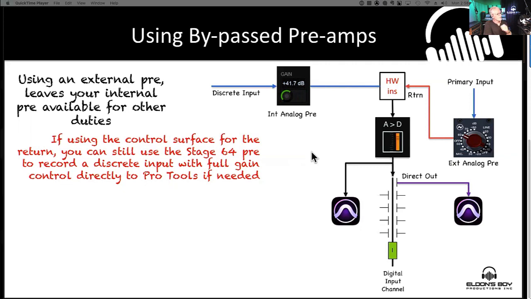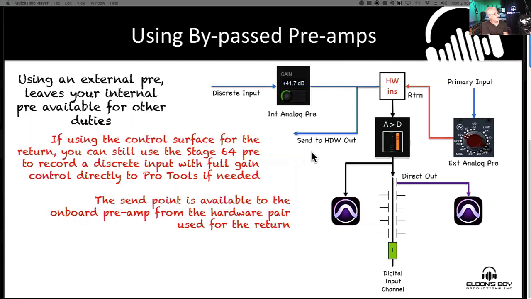And what's going to happen there is your send point becomes available then to the onboard preamp. So you could still use that stage rack preamp and its send point, believe it or not, even though you're using an external pre, which is pretty cool. It's still accessible to you because you haven't patched anything over it. You're using the XLR on the console.